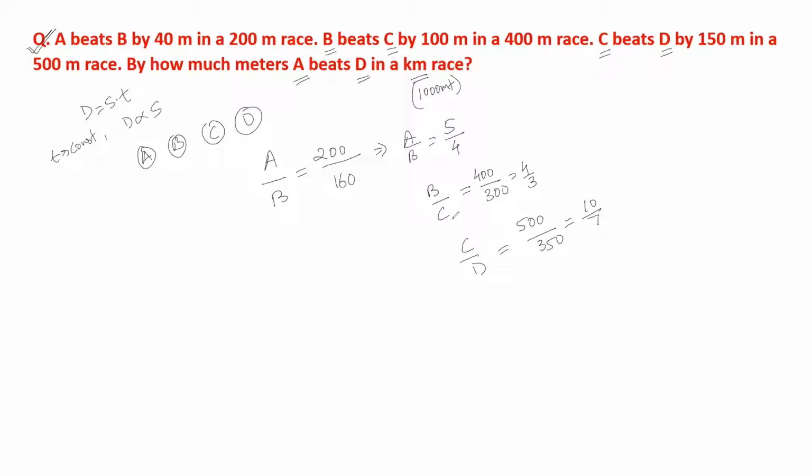Now, from this we can say that when C covers 3 meter, then B covers 4 meter. And from here we can say that when C covers 10 meter, D covers 7 meter.